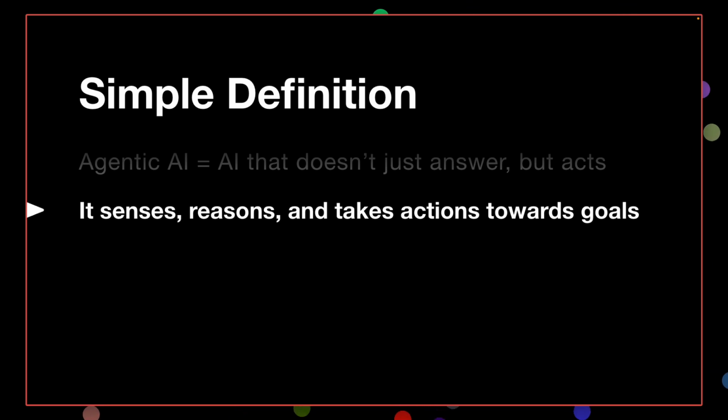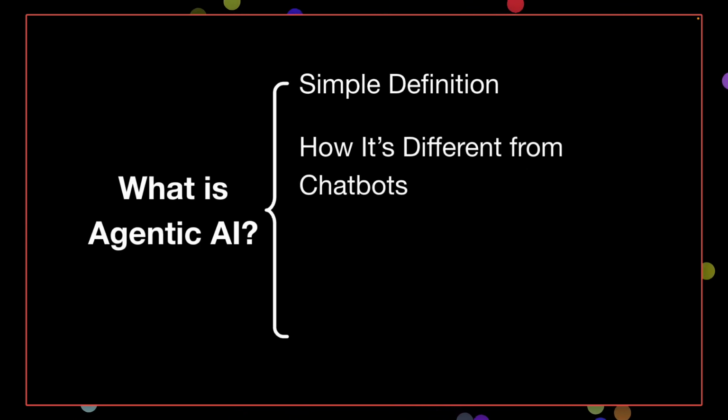Now you might wonder, if this is agentic AI, how is it different from a chatbot? Because till now, most of the marketing work has been done such that a chatbot is nothing but an AI system. So how is agentic AI different from a chatbot?